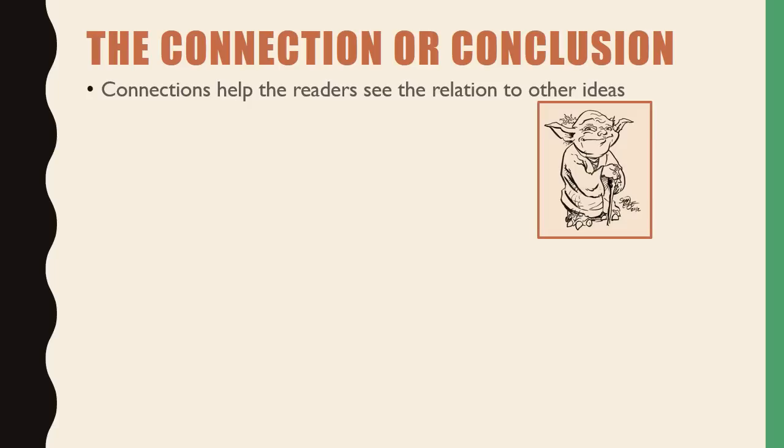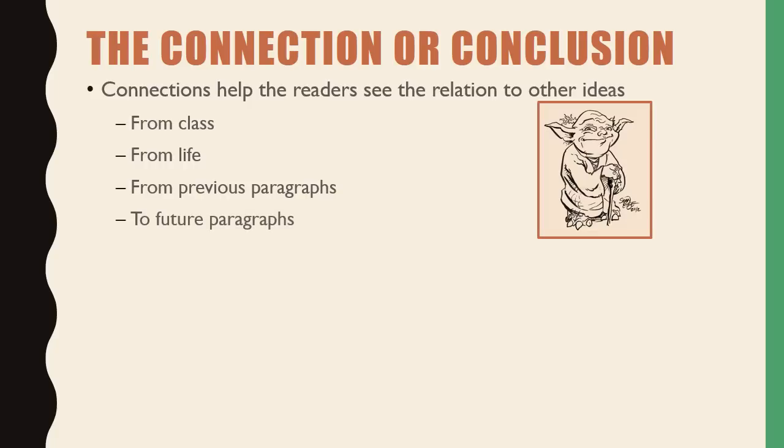So you're drawing those connections for the readers. So like I said, they can be from class, they can be from life, they can be from previous paragraphs or future paragraphs. In some cases, you might want to be drawing a connection to an idea that's coming up. So, and that's my next bullet point, future paragraphs.